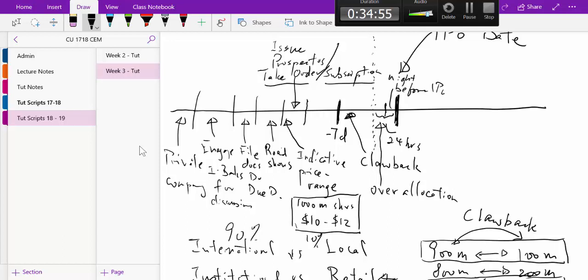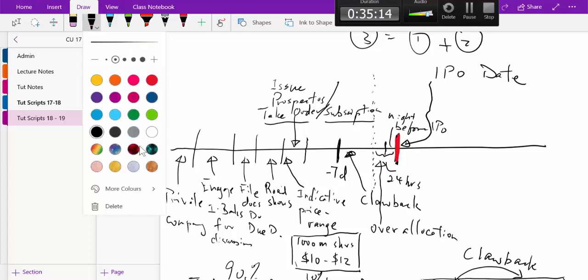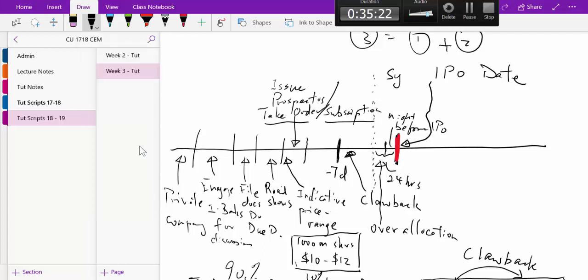you are going to get the whole syndicate. So the IPO date is this one. The night before, the entire syndicate will meet the night before the IPO.